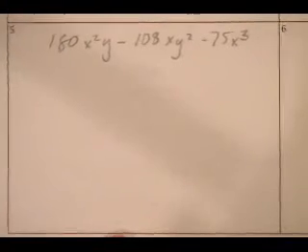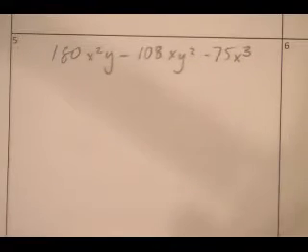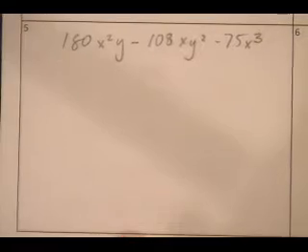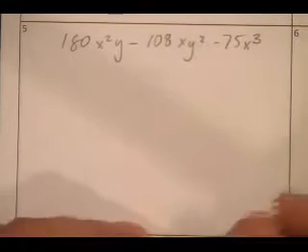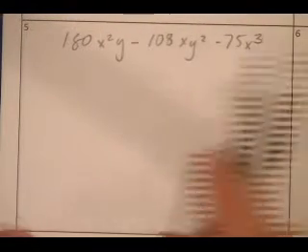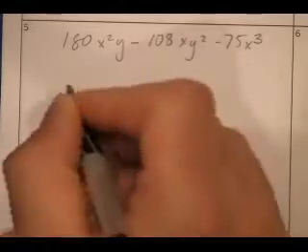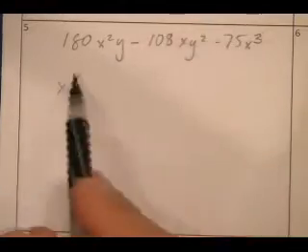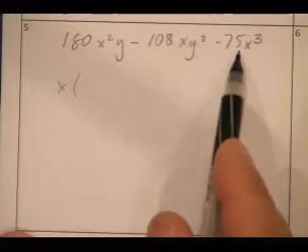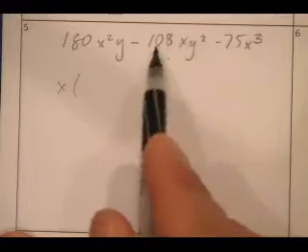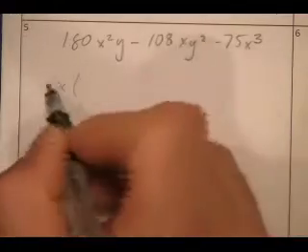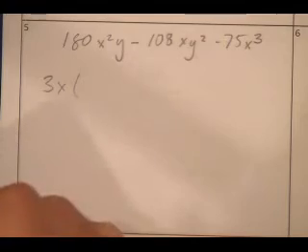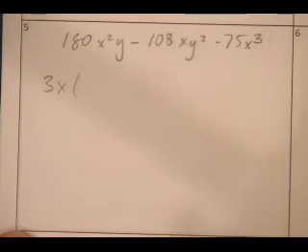Alright. Now, here we go. What do we have going on here? Well, let's see. We've got a lot of stuff going on here. I notice there are some variables in common. This guy's got 2 x's, at least 1 x. What about 12, 9, and 9? So 3 goes into each of these, okay, and no, I can't get a y out of each one, so let's divide each one of these by 3x.